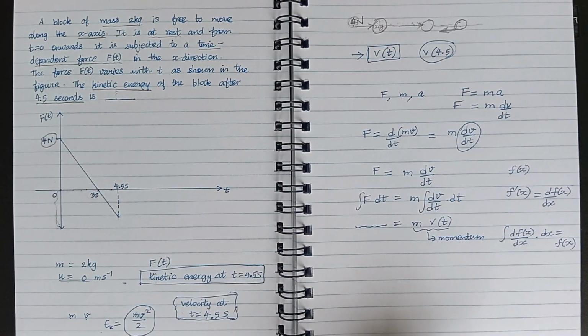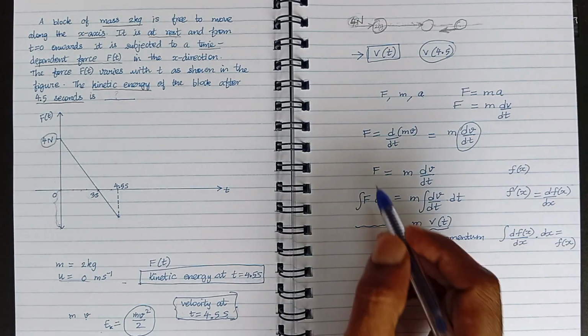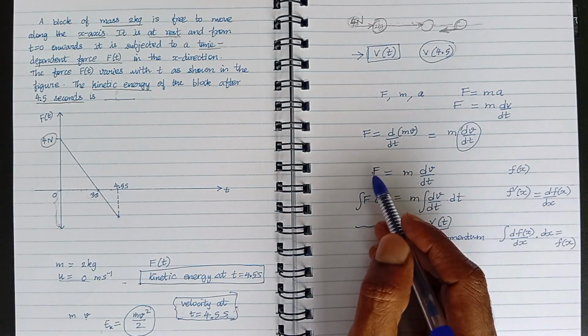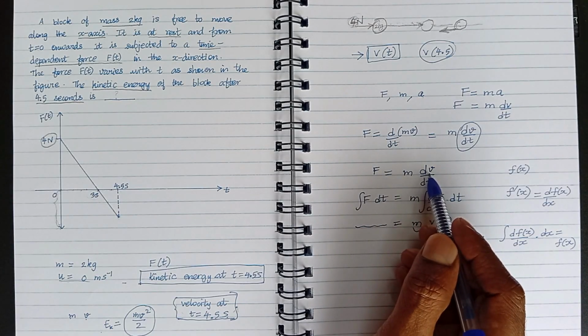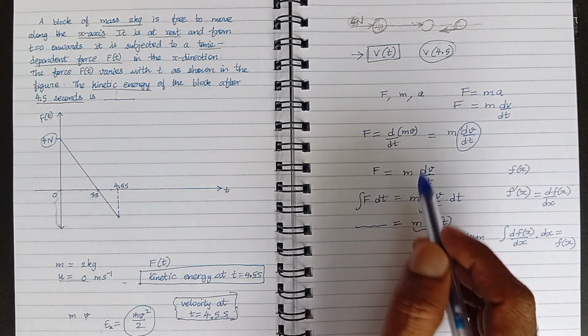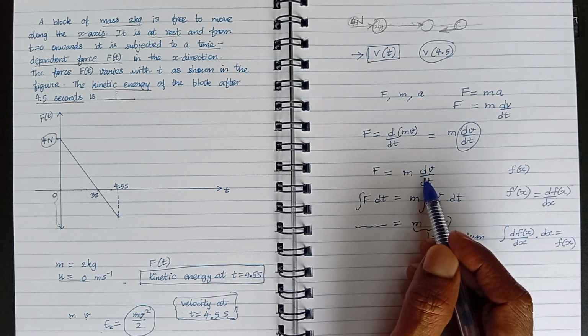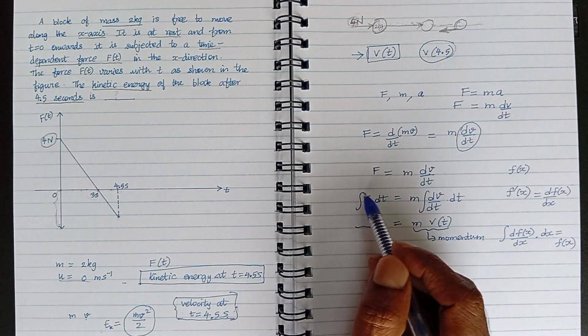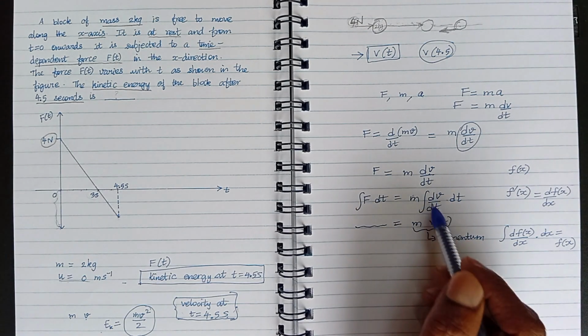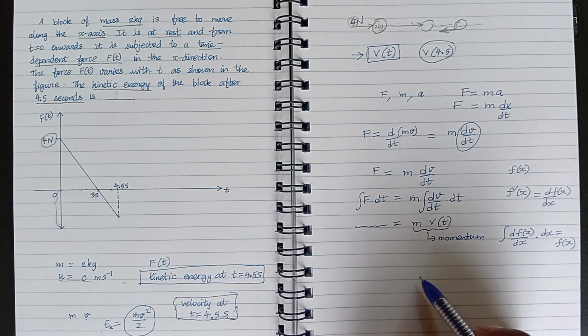You understand it? So what we are doing is we are writing force equal to mass times acceleration, and we can see this force is related to the first derivative of velocity, but what we actually need is this velocity, not its first derivative. So what we are trying to do is we are trying to integrate on both the sides of the equation, and that way we are going to get velocity as a function of time, right?